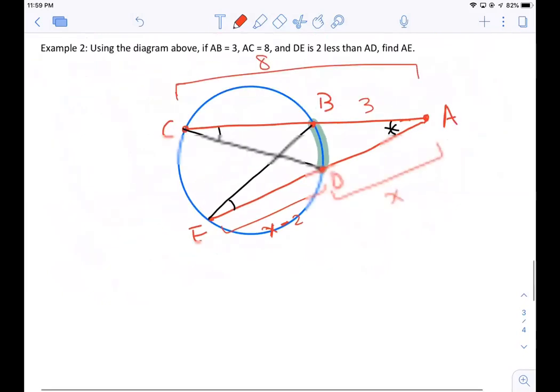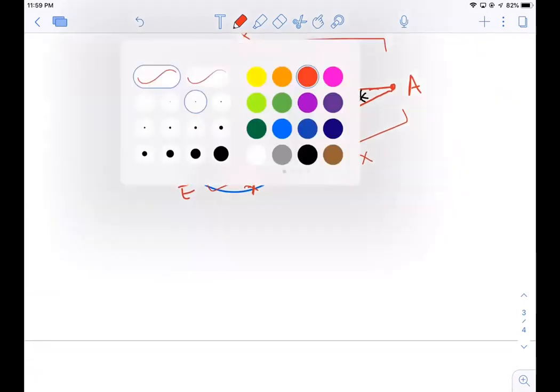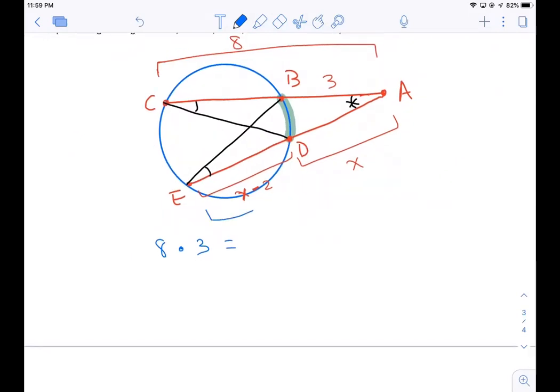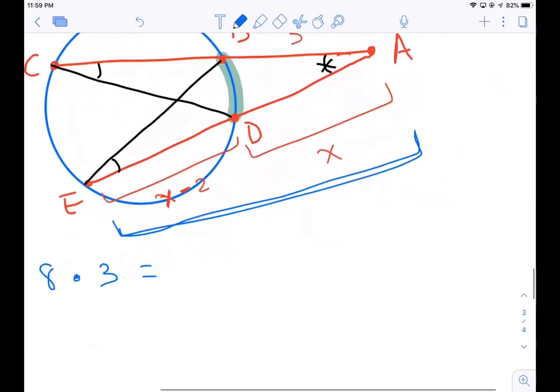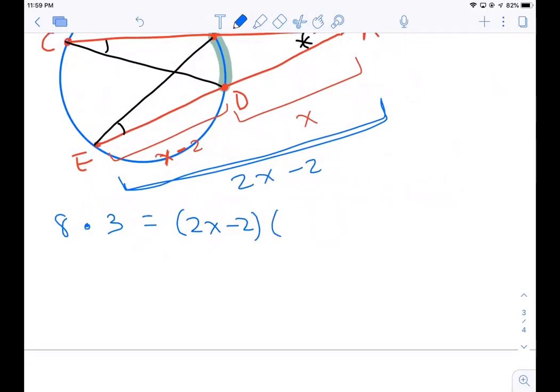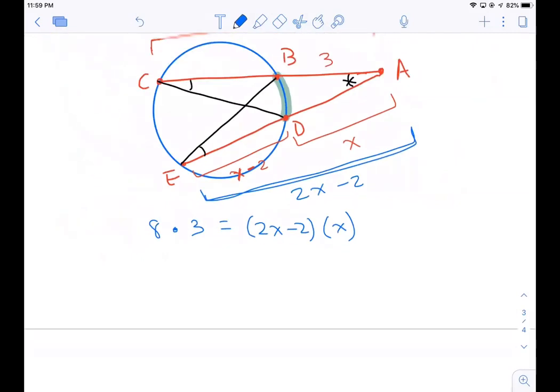All right, so this theorem says the entire secant, so let's start with the top secant. The entire secant has a length of 8 times the external portion, which is going to be 3. That's going to equal this entire secant, so be careful, we've got to add X minus 2 and X, right? So that will have a total length of 2X minus 2, times the external portion, X, right?